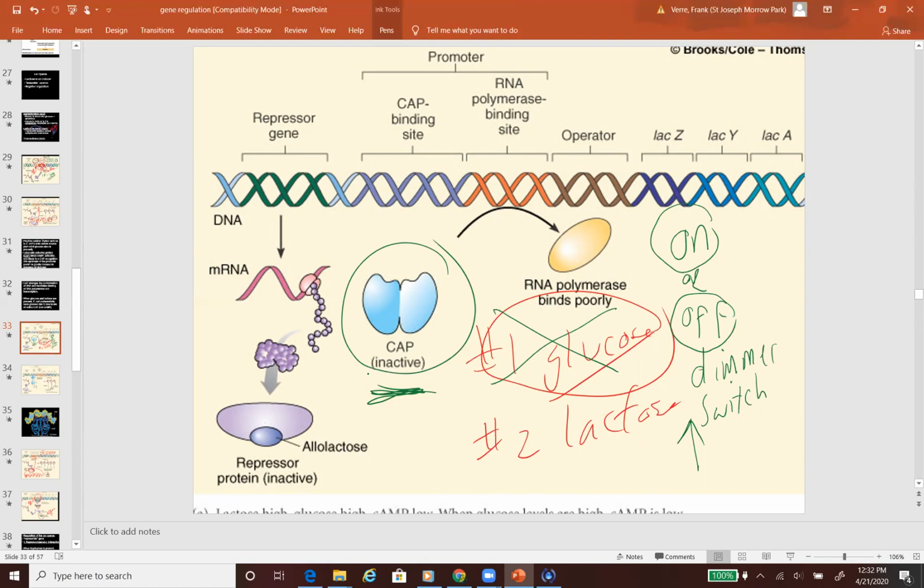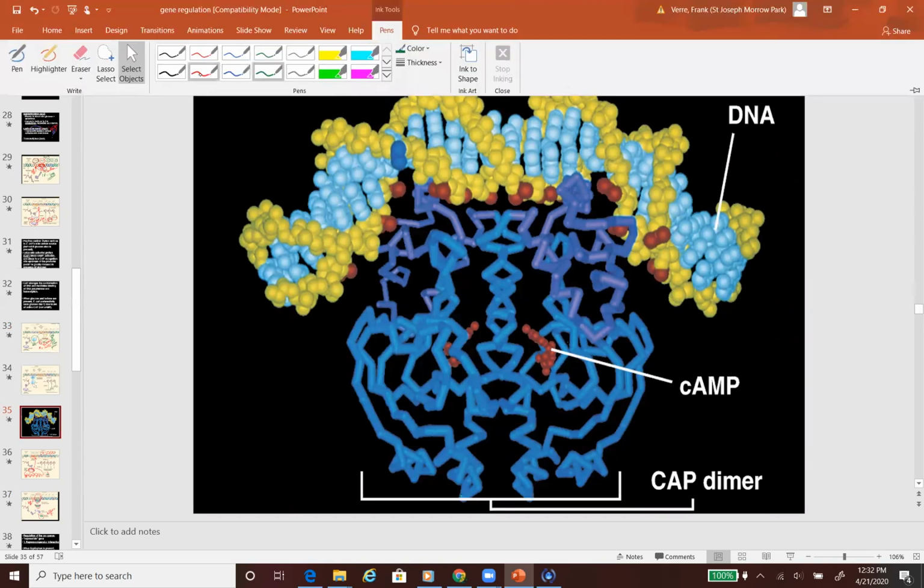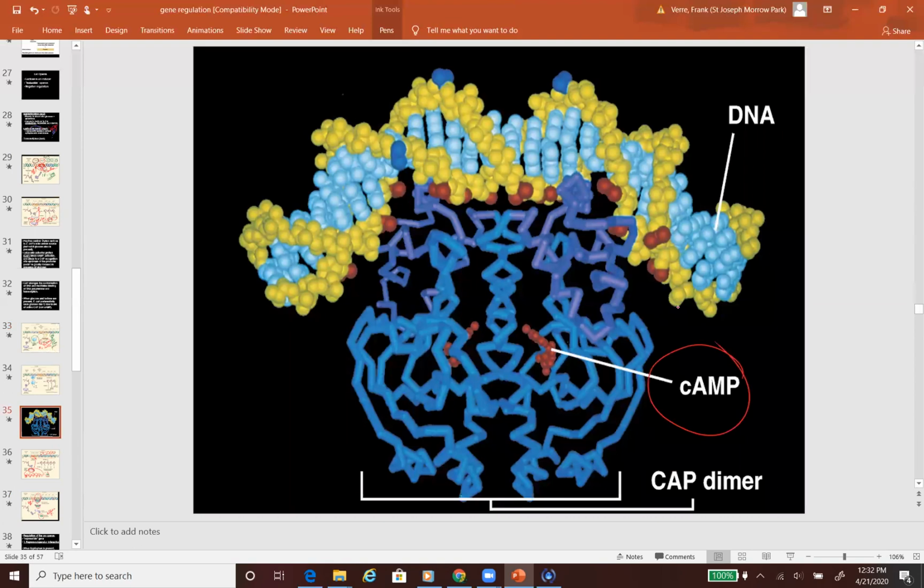When glucose is not present, there is a molecule that increases in concentration called cAMP, which you can see right here. And what cAMP does is it allows CAP to form into its active state.